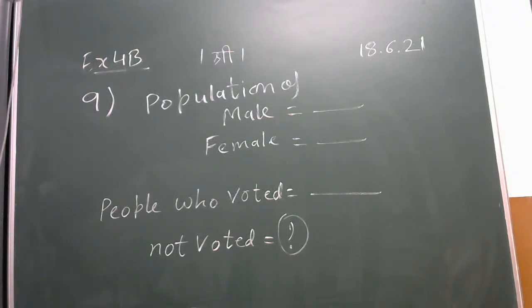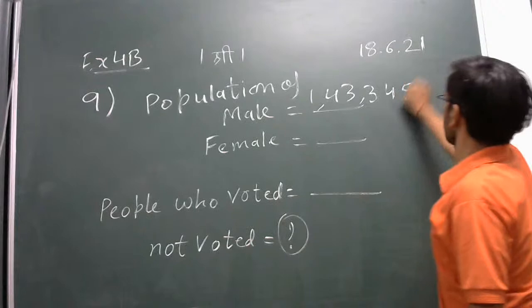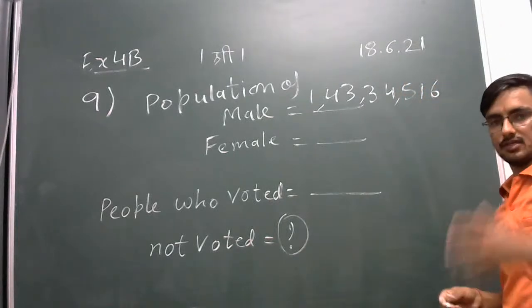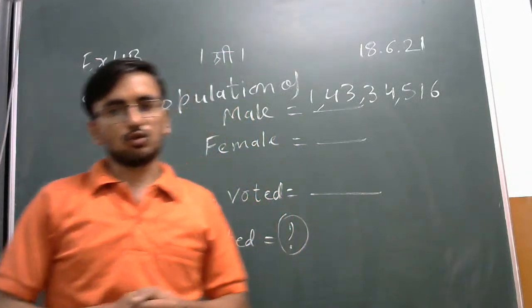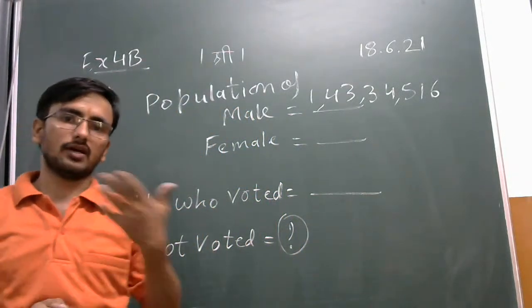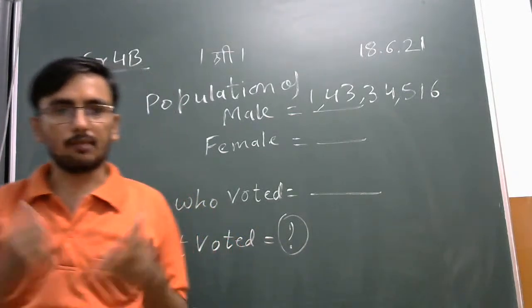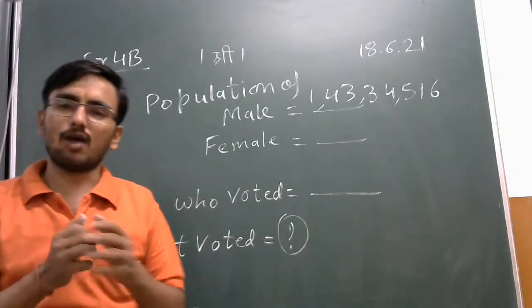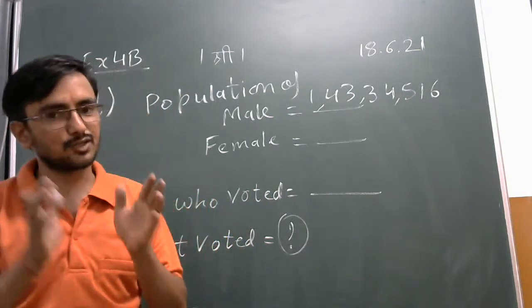So this is about voting, 1, 4, 3, 3, 4. All of you, please always, whenever there is voting in our region, motivate or inspire your parents to go for voting. Just as they boost you up for studies, you boost them up, that parents please go for voting.